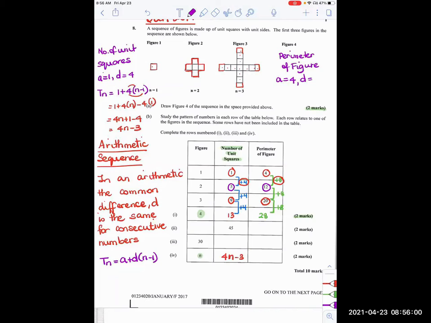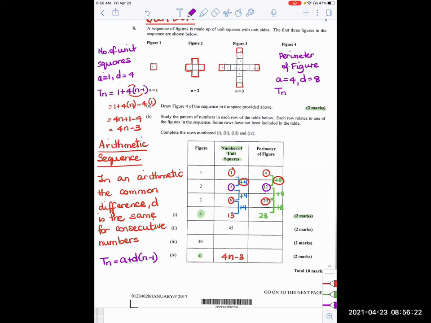How much do you add between consecutive numbers? What is the constant amount that is added from the first number to get the second number? 8. 8.